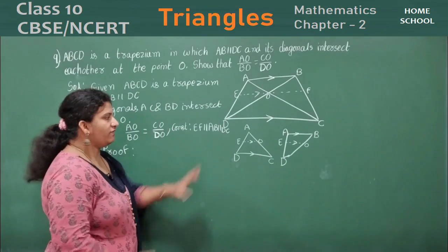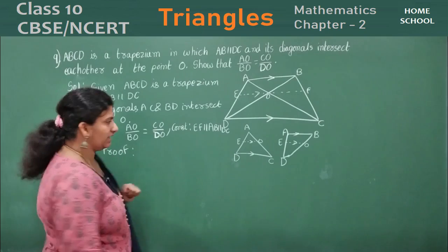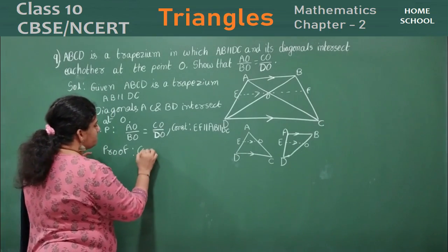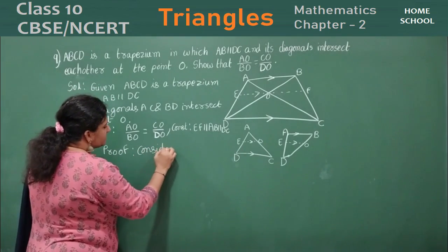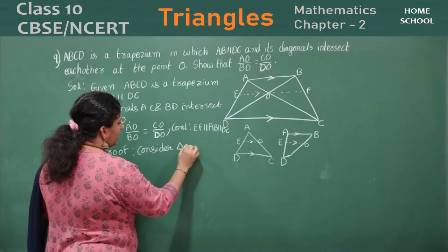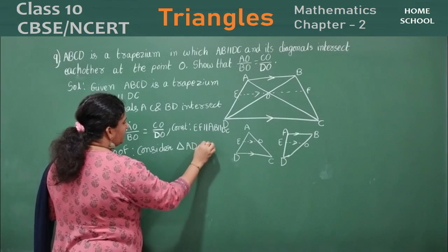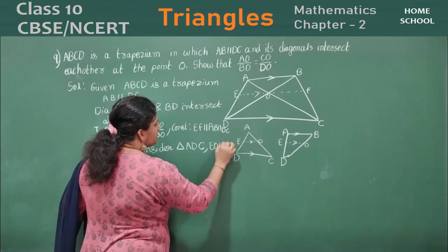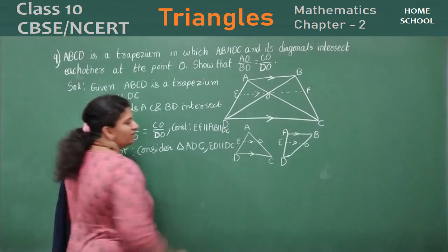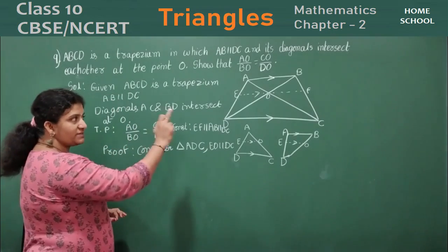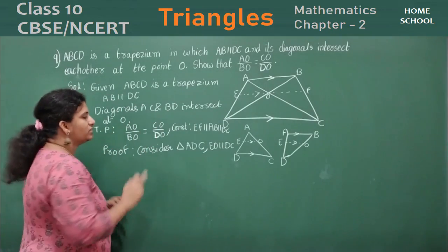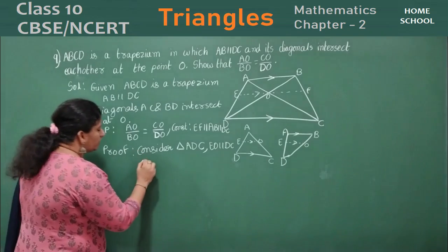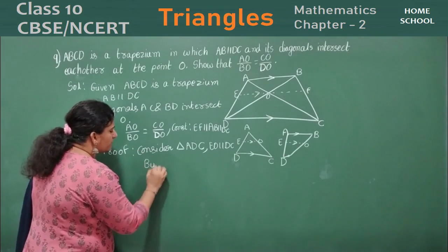Right? So now in this trapezium I am taking these two triangles in order to prove that ratio. Okay, first let us consider this triangle. Consider triangle ADC where EO is parallel to DC, children. If it is parallel, what can you remember?